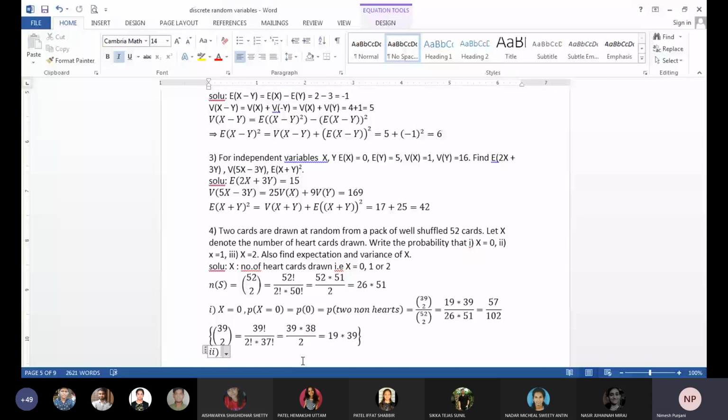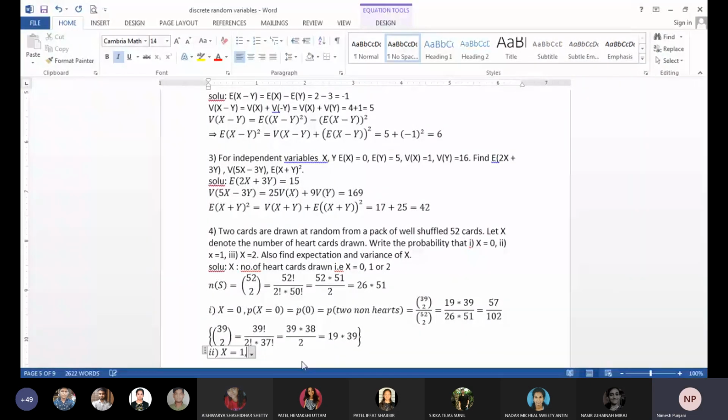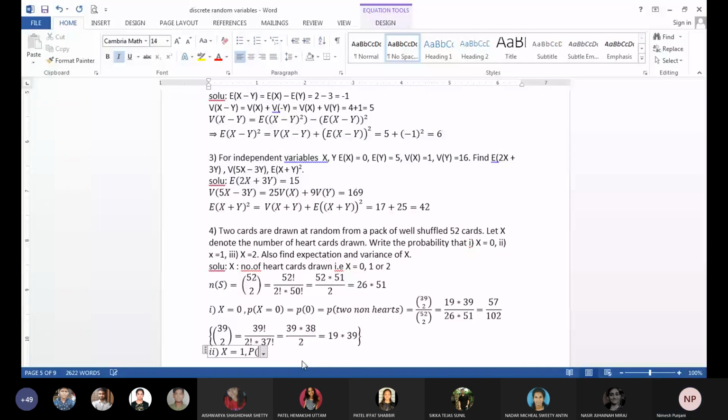Okay, then second, x is equal to 1. Probability of x equal to 1, we can also write it as P of 1. P of 1 is probability of x equal to 1. What that means in this case?